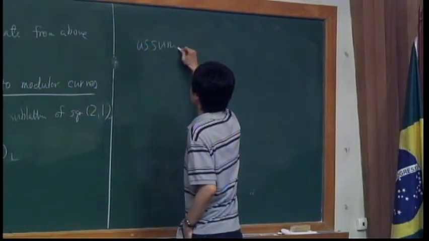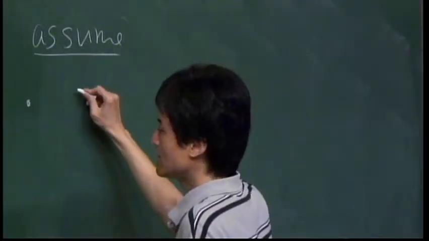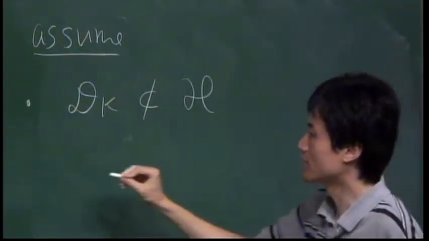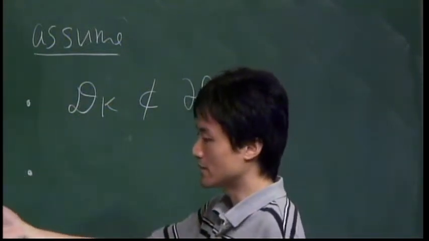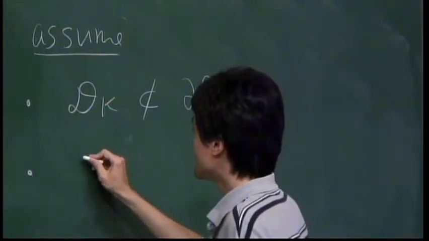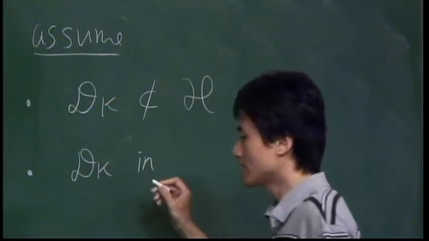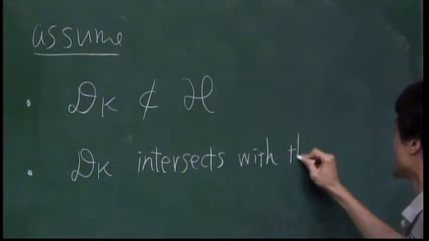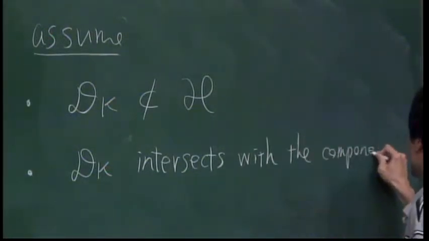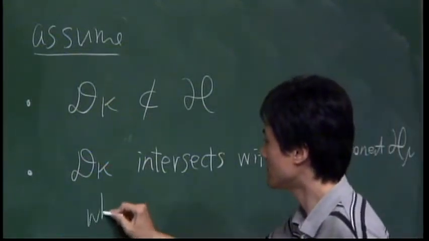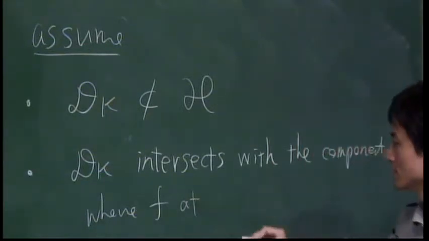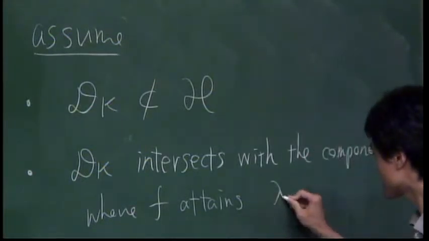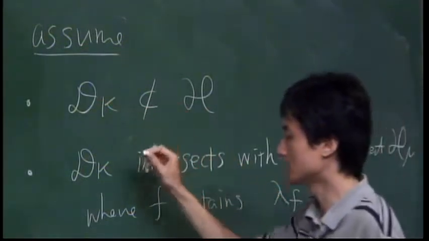So assume that this modular curve is not totally contained in the -2 Heegner divisor, and in order to apply some estimate on the modular curves, assume that D_K has intersection with the component where f attains its slope. So this is the assumption.